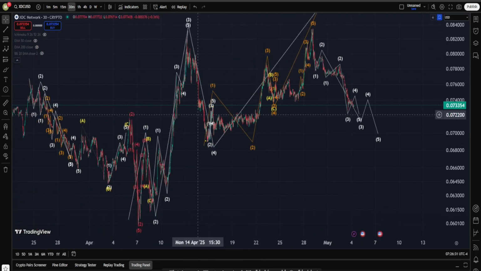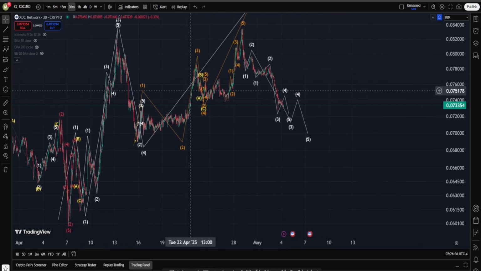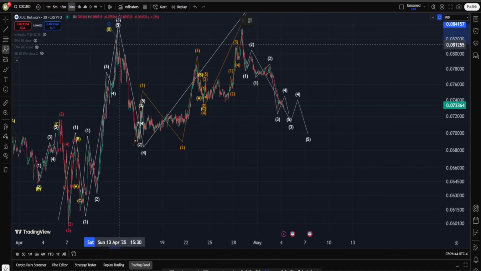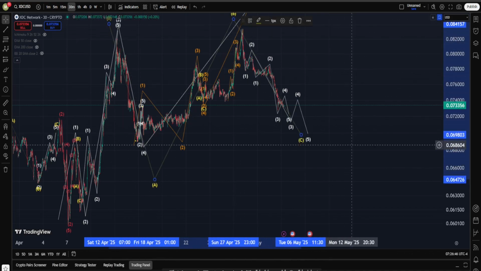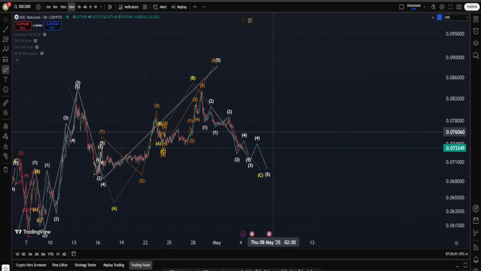You can also say maybe this is a WXY, it is not really that important. Followed by that, this can also be an ABC up, and I said it earlier, this might be more likely than not a 1 2 3 4 5 wave, and who knows, maybe starting from this point we are having an ABC flat.